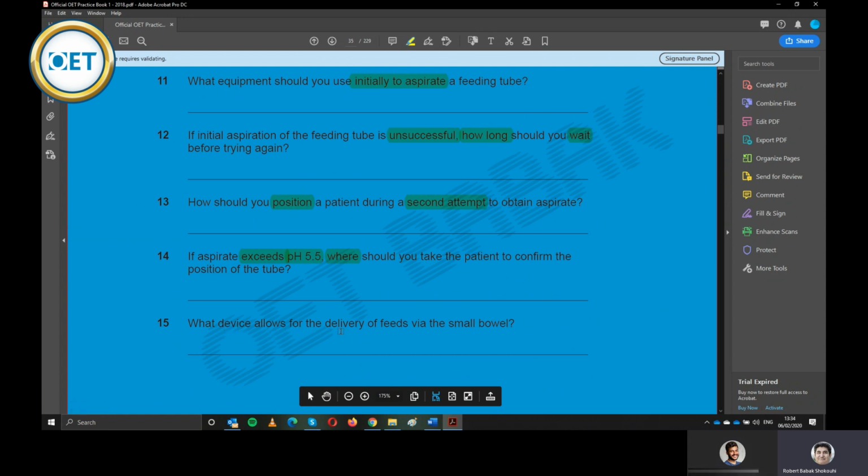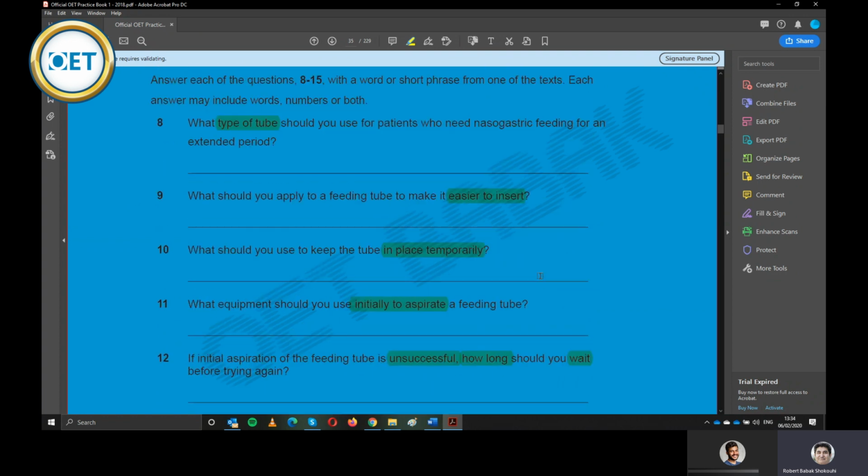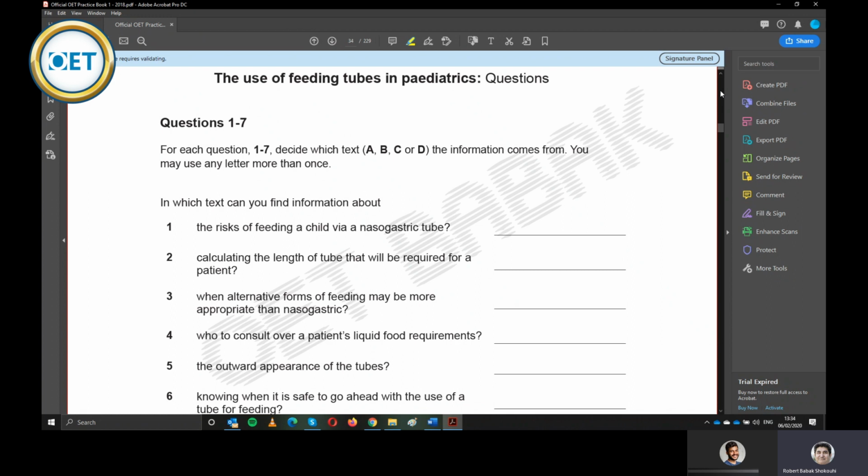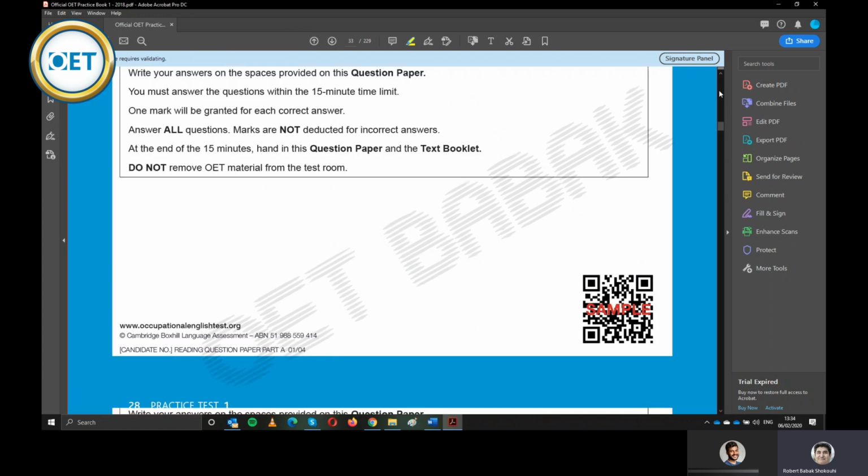What device allows the delivery of feeds to the small bowel? Right. Shall we go and look? Okay, we go up to here.